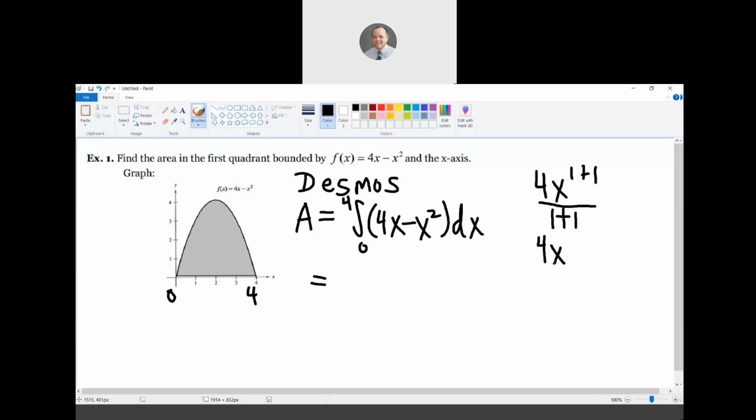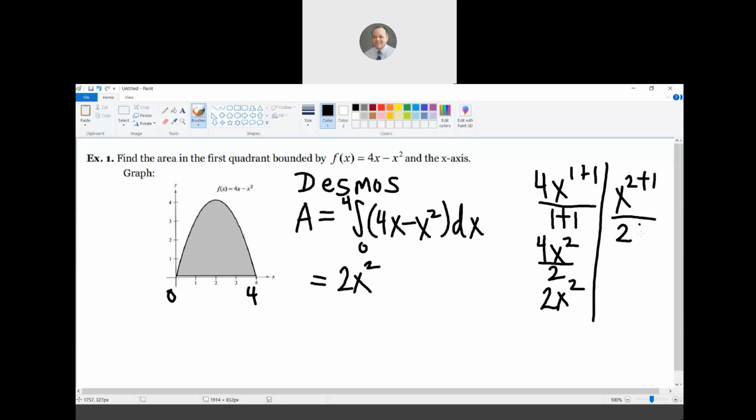So this will become 4x squared over 2, or just 2x squared for that first integral. And you do the same thing with x squared: add 1 to the exponent and divide by the new exponent. So that will give us x cubed over 3. And we're evaluating this from 0 to 4.